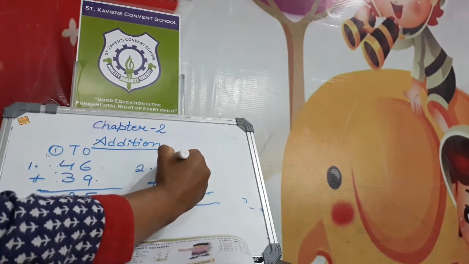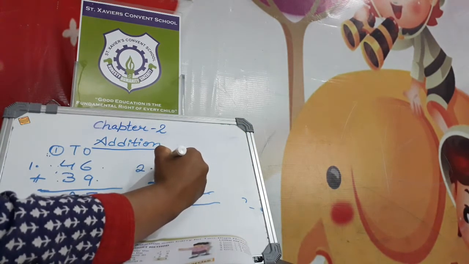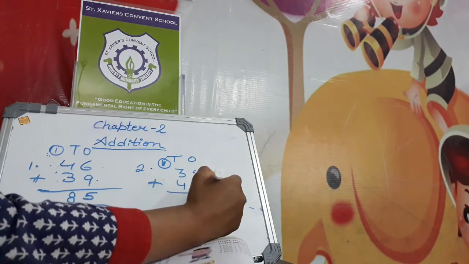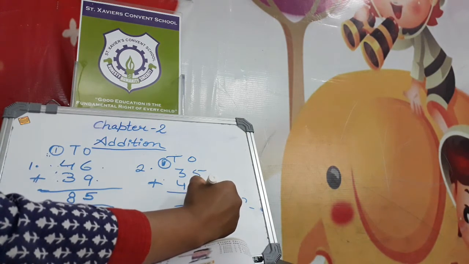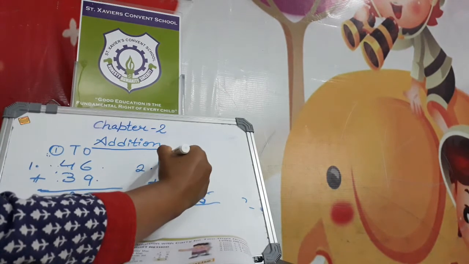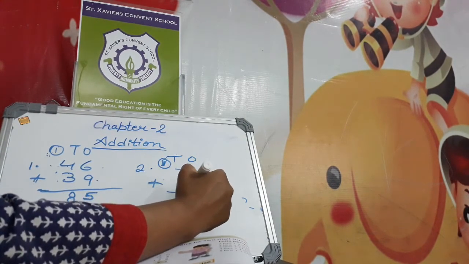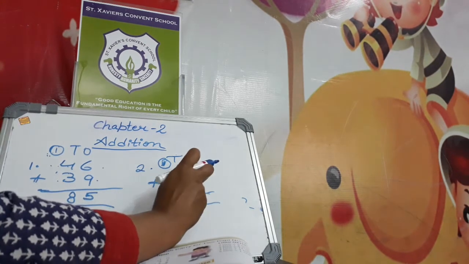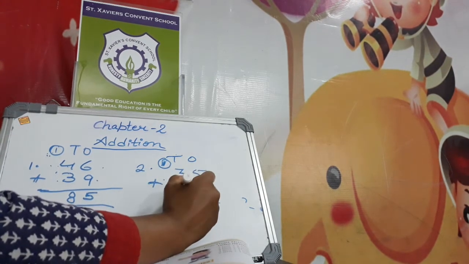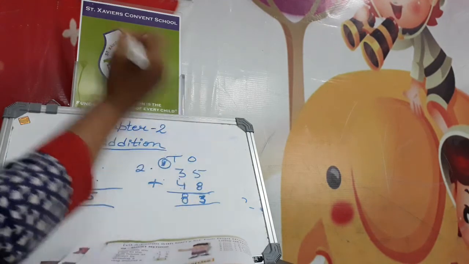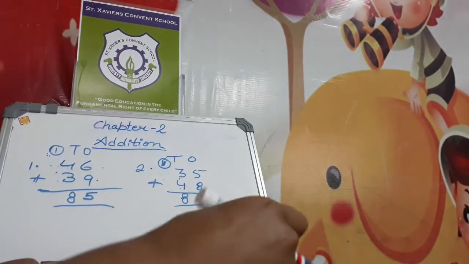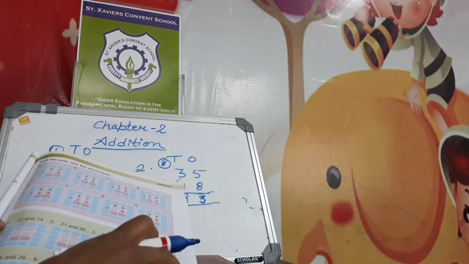The answer is 1 is carried over in tens and 3 will be written right here. Now add these numbers. 3 plus 1, 4 plus 4 equals 8. The answer is 83. Do practice these sums.